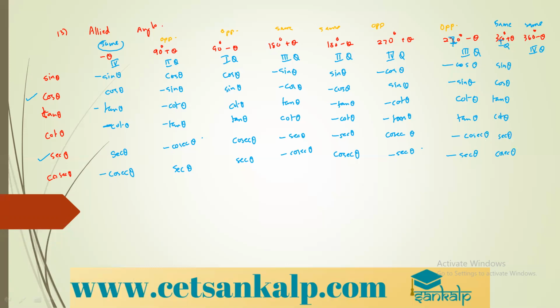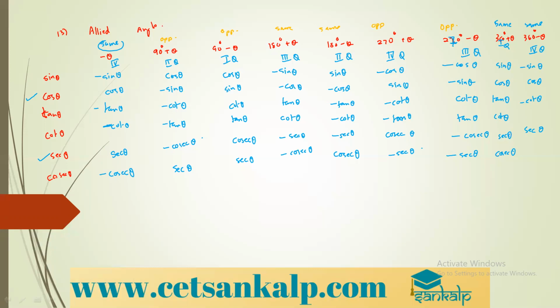360 minus is also same, but in the fourth quadrant, same and positive means cos. Cos theta is same and positive, secant theta is same and positive. Remaining all are same but negative. Sin theta is negative. Minus cotangent theta.